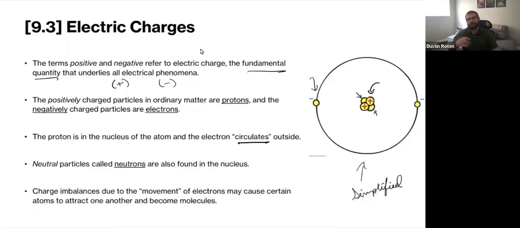So because of the way that these electrons move around outside, sometimes that'll set up a charge imbalance, which is just due to the movement of electrons. And that charge imbalance will actually cause atoms to start becoming attracted and forming molecules.